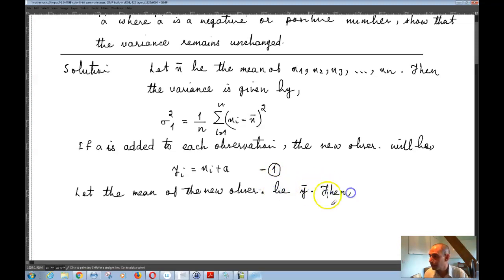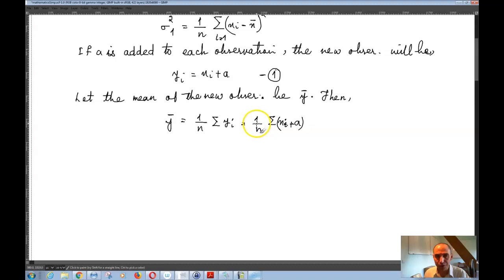Then y bar is equal to 1 over n times the sum of y of I, which is equal to 1 over n times the sum of (x of I plus a), which I can write as 1 over n times the sum of x of I plus the sum of a, in both cases as I goes from 1 to n.